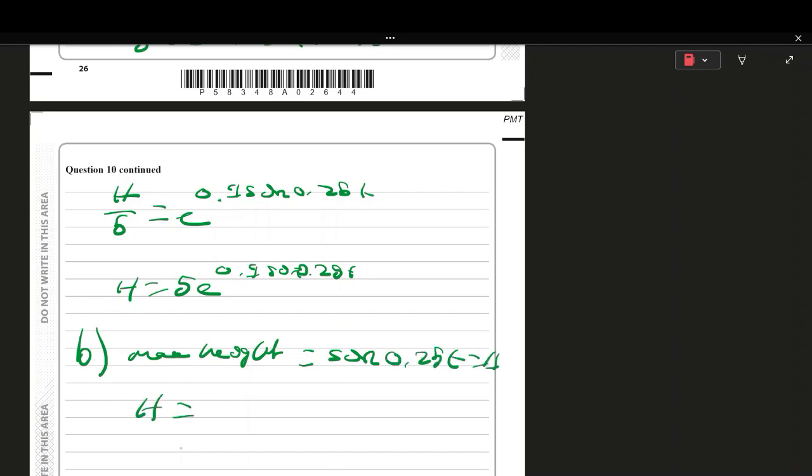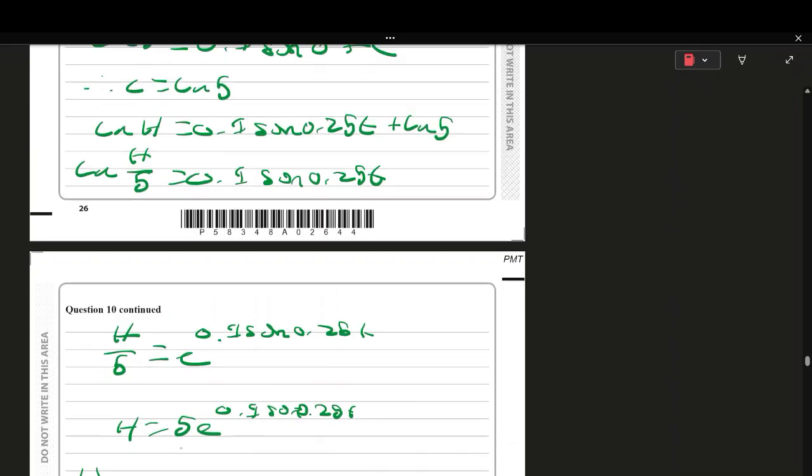So then h is equal to 5e to the 0.1 times 1, which put in the calculator is 5.526. So then h is equal to 5.53 meters. It's done for part B.